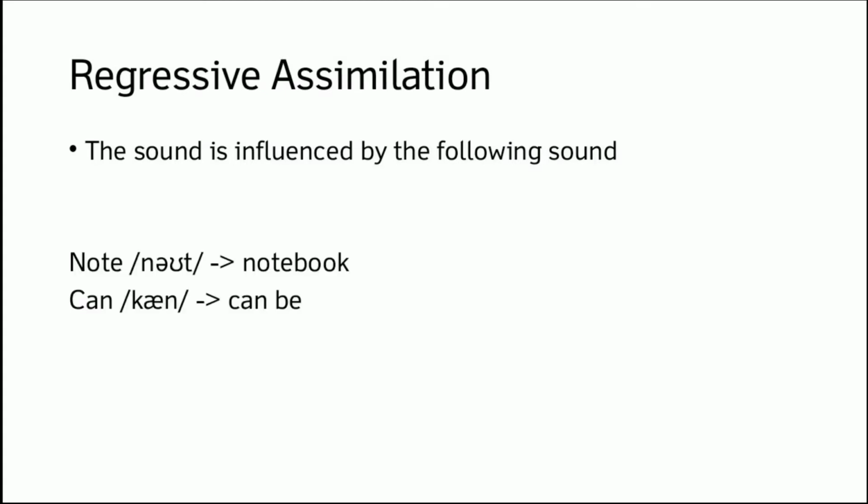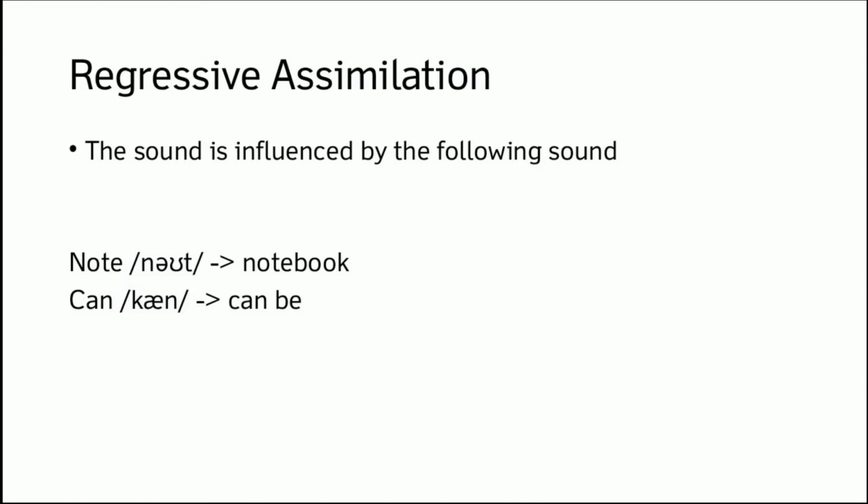For example, in the word note, as you can see here in the transcription, it ends with the sound t. But when we compound it with book, which becomes notebook, we no longer say the sound t. It will become very weird when we say notebook with a t. Instead, we say notebook with a p sound.